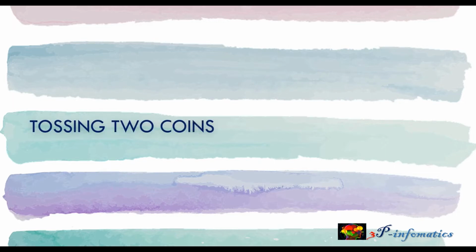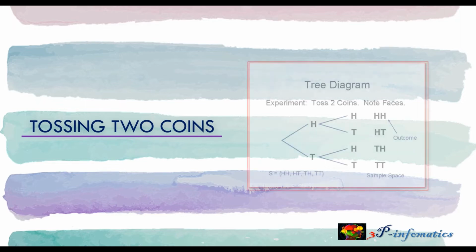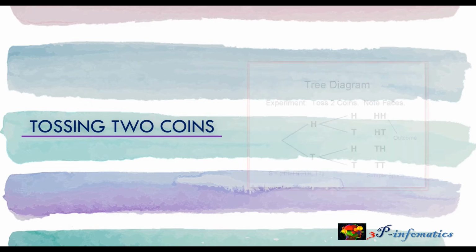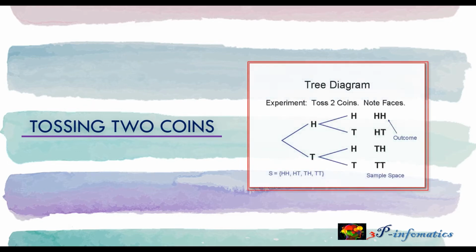Let us see what happens when two coins are tossed. The sample space is obtained as head, head; head, tail; tail, head; tail, tail.